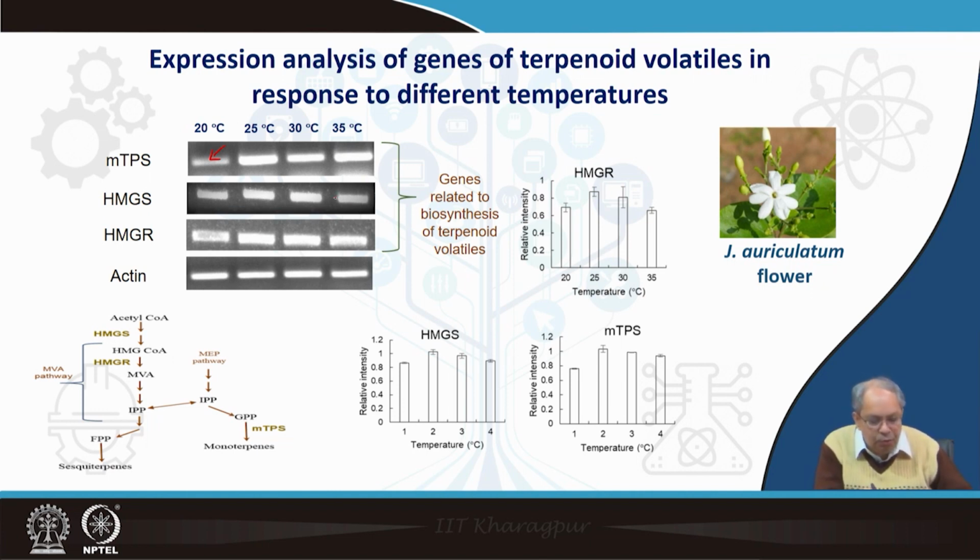Similarly, it is true for both the MVA pathway genes also. So, that means the post gene expression period is ultimately important, which will determine the concentration of the volatile metabolites accumulation in the floral tissue.